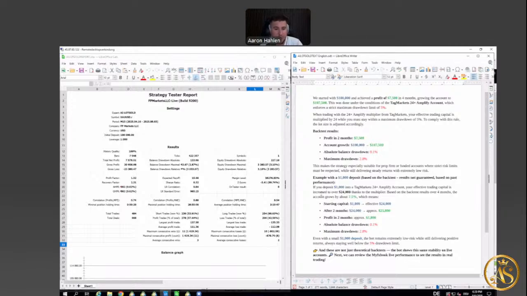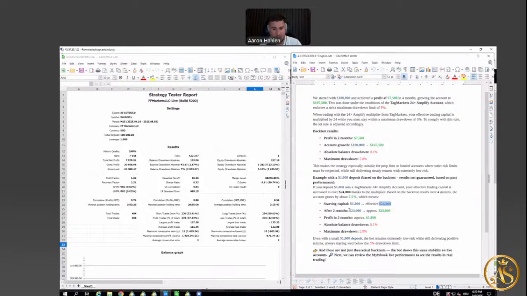Okay, so if you deposit, let's say $1,000 into a Tech Markets 24x amplifier account, your effective trading capital increases to over $24,000 thanks to the 24x multiplier. That means your starting capital is $1,000, but you will have $24,000 on your account because of that 24x multiplier.